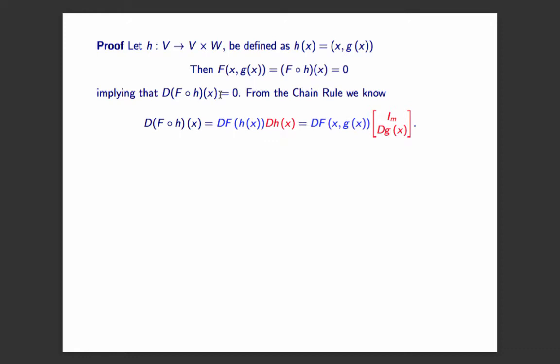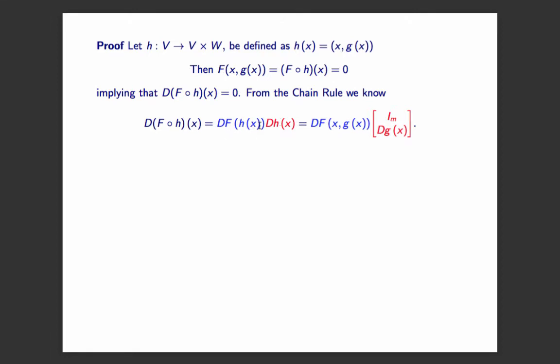From the chain rule, we know that the derivative of f composed with h at x is the derivative of f at h of x times the derivative of h of x. So the derivative of f we'll keep in blue, and the derivative of h, defined here, we'll keep in red, so that we can track how these different parts combine and move about as we go forward.